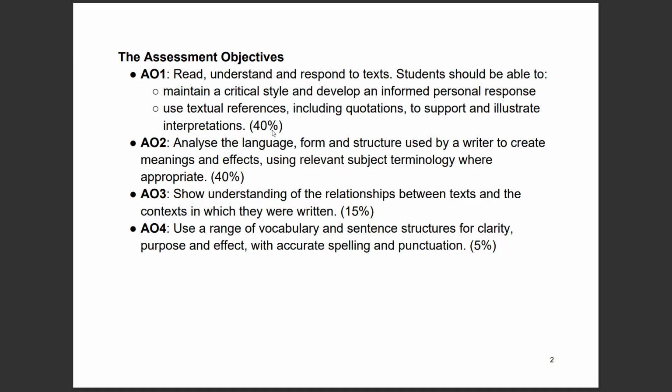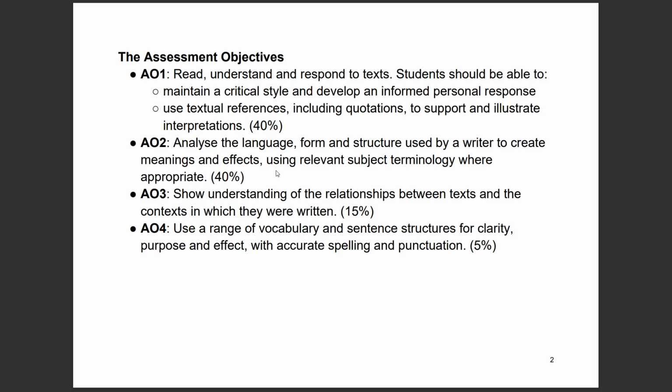And in fact, the other thing to say is that it talks about 40%, 40%, 15%, and 5%. Actually, when the examiners mark, they are told to mark what we call holistically. They look at the overall essay, all right, and they kind of balance it all out. So these are not really mathematical numbers. The examiners don't literally give it like this, but this is more of a guide, all right. That obviously AO1 and AO2 are the most important, right?